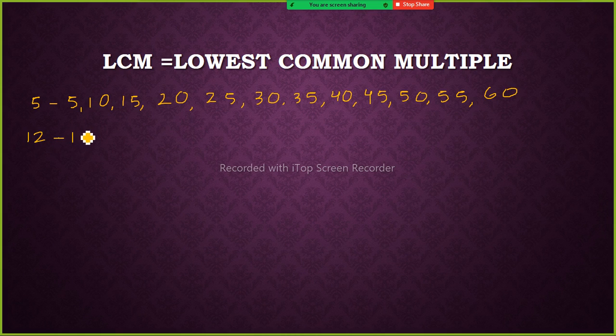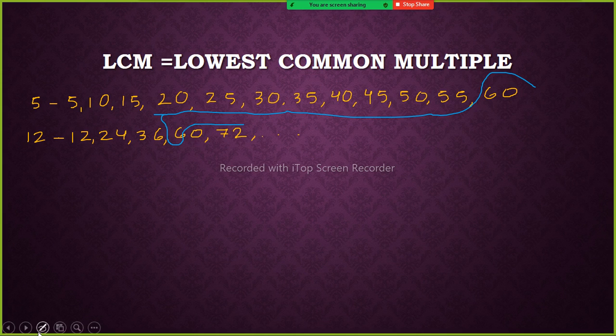Then we go to 12. 12 times 1 is 12, then 24, 36, times 5 is 60, times 6 is 72, and so on. So clearly the lowest number they have in common is going to be 60.